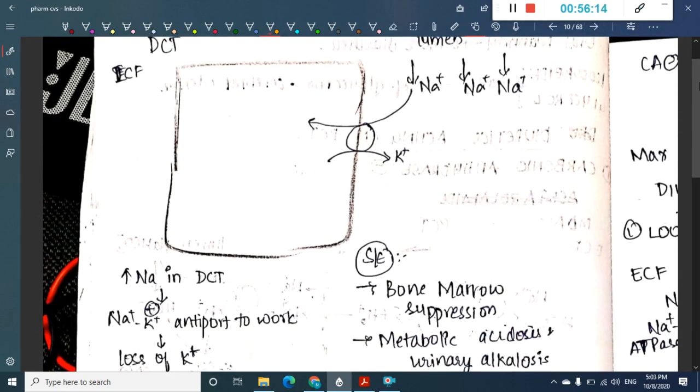See, in this DCT, the absorption of sodium and potassium occurs with the help of the sodium potassium antiporter, not ATPase. In the presence of the sodium potassium antiporter, there will be absorption of sodium and secretion of potassium, but this will also be decreased. Why is it decreased?